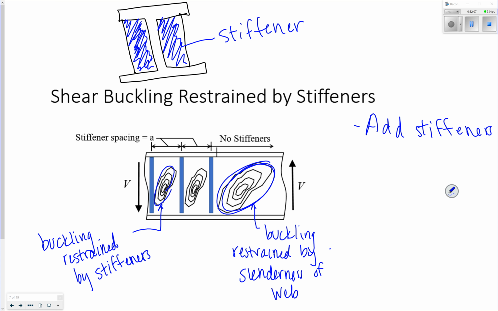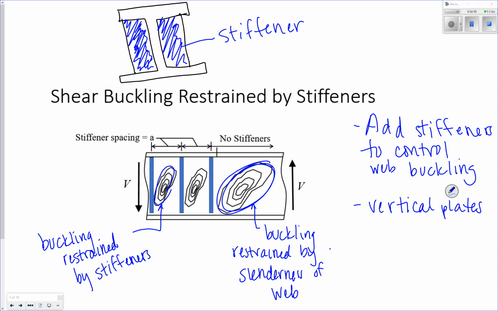Okay. Add stiffeners to control buckling. And what those might look like are vertical plates that are welded to the web to limit the area that can buckle.